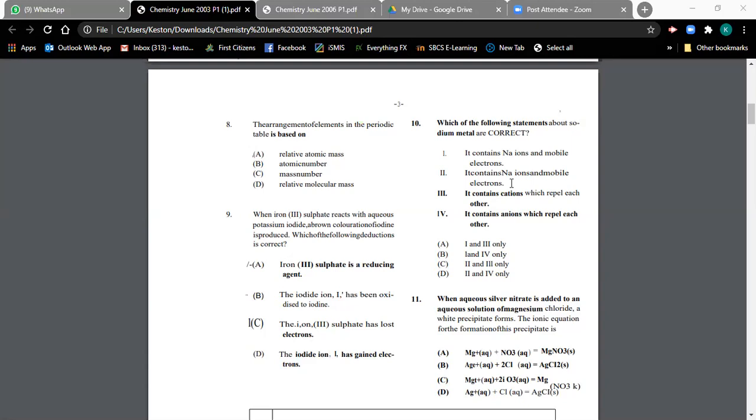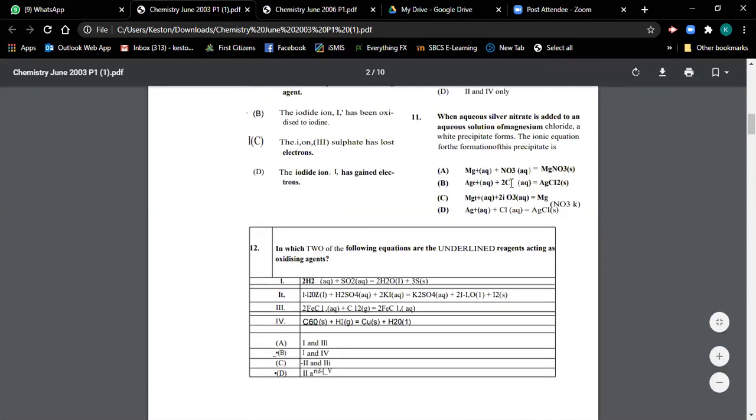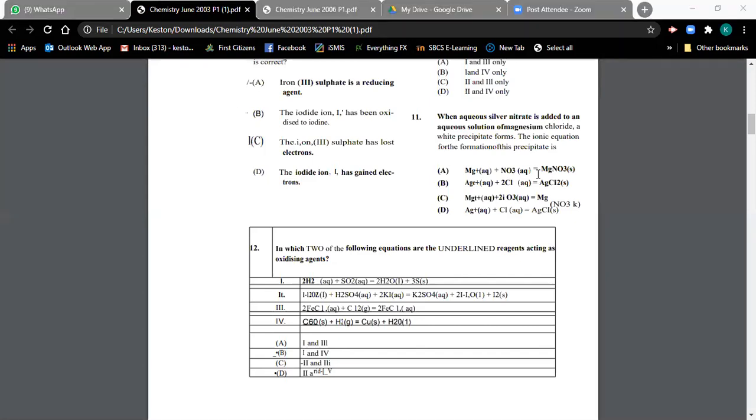11. When aqueous silver nitrate, I just told you about that, right? When you're using silver nitrate, it's because you're looking for what? Anion or cation? Anions, very good.